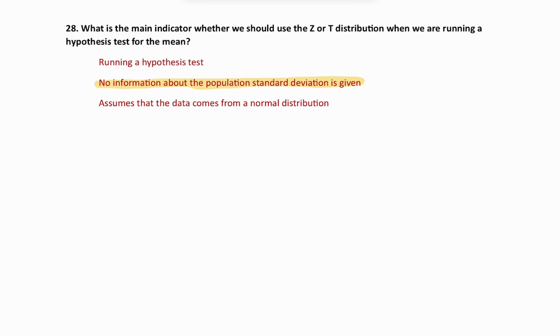When we have the population standard deviation given to us, go ahead and use the z-score. It's included in our equation, where z is equivalent to x minus mu all over the population standard deviation, right? So when you have the population standard deviation, you can use a z-score easily. And then with the t-distribution, it's going to look a little different because we're working with the sample standard deviation divided by the square root of n. So again, that's going to look something like this.